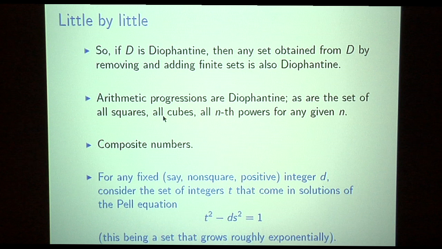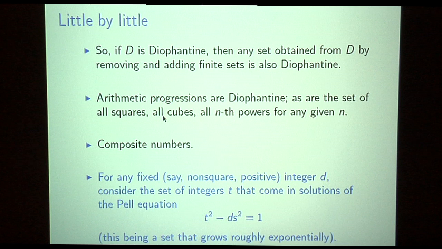The reason why I put this in blue is that it's going to be an important turning point in the building of Diophantine vocabulary. For any fixed integer d, if you consider the integers t that are solutions of that Pell equation, you get that it is also Diophantine, and the parenthesis is important, this being a set that grows roughly exponentially.